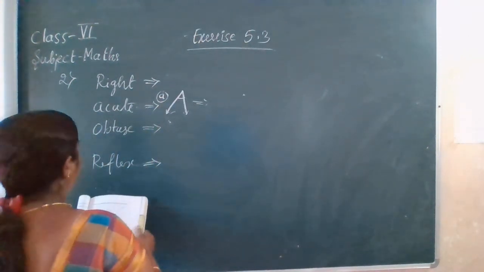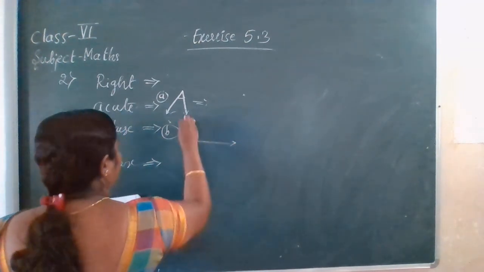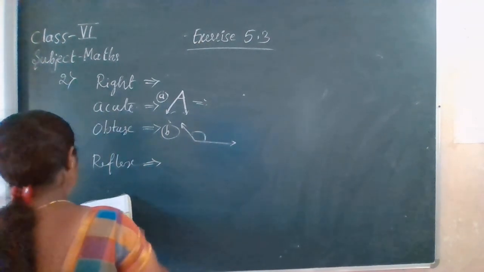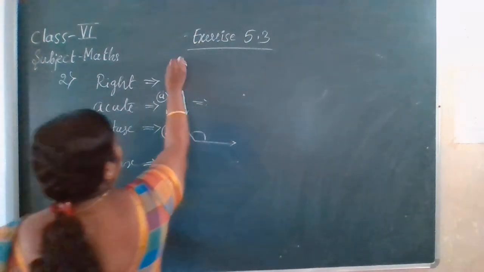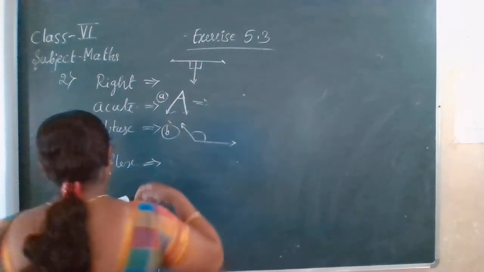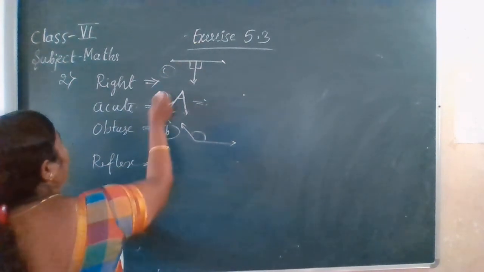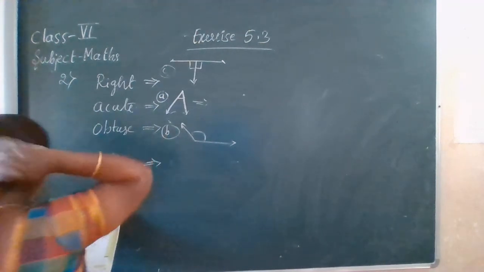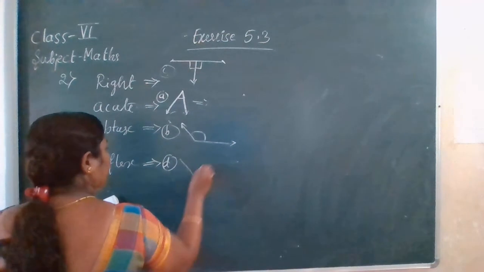Then B is obtuse. More than 90, less than 180. This is obtuse. Then C, right angle. See these angles, these are right angles. So C is a right angle, A is acute, B is obtuse, then D is reflex angle.